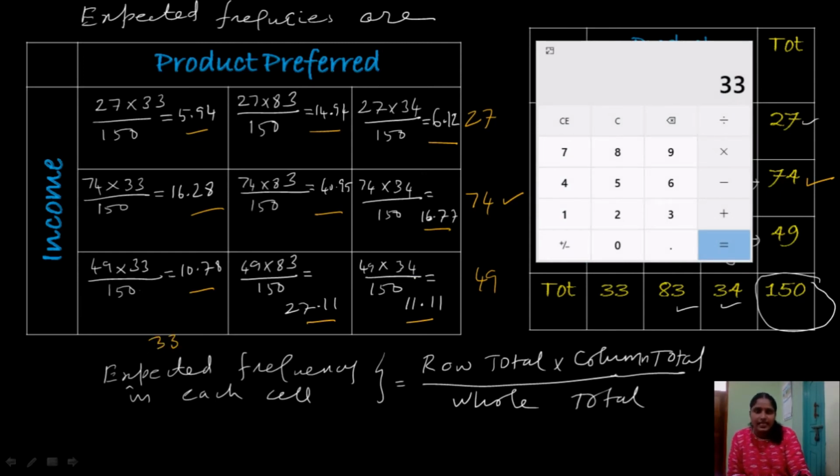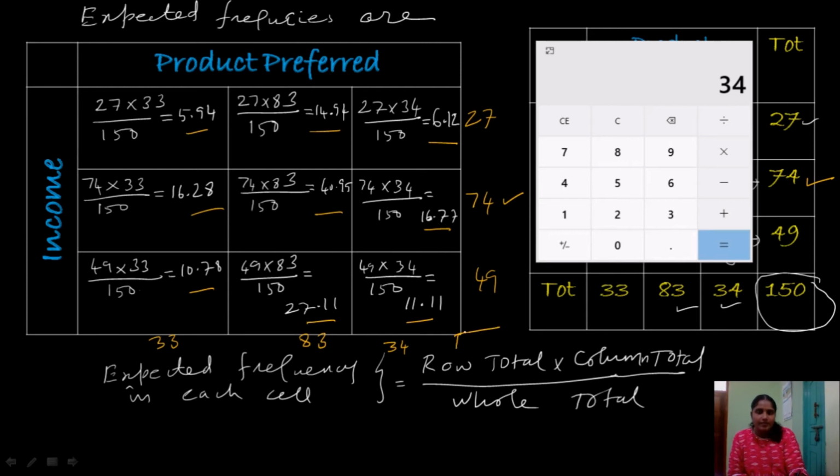And for the second column, by adding 14.94 plus 40.95 plus 27.11, we get the total as 83. And for the last column, 6.12 plus 16.77 plus 11.11, you get the total as 34.